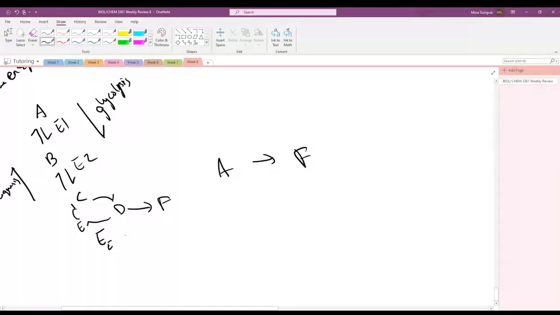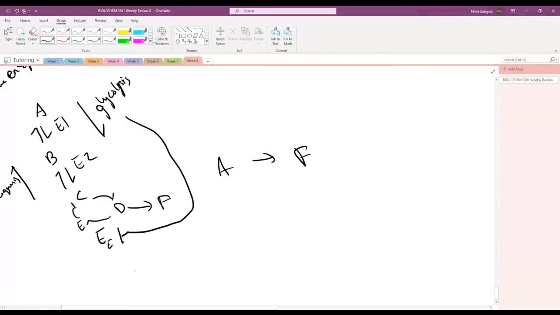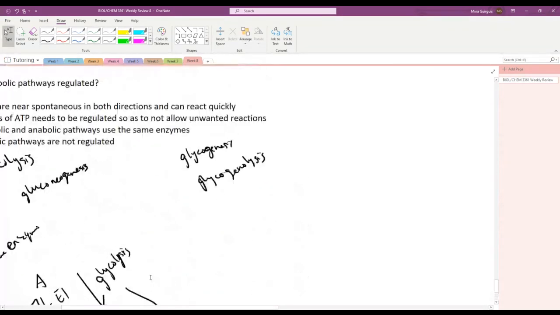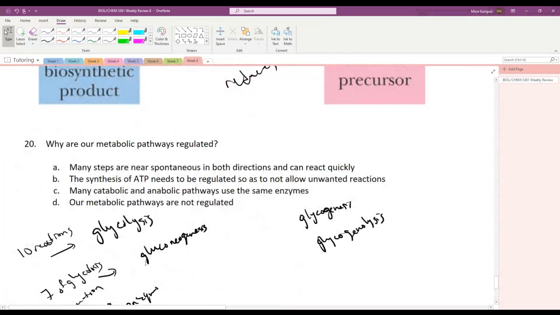So when I want glycolysis to happen, I have to inhibit enzyme E, because by inhibiting enzyme E, C can go to D, D can go straight to F. If I don't inhibit enzyme E, D can go back to E, E can go to C, and then we can go backwards instead. And so we have to be very, very mindful, because for the most part, a lot of catabolic pathways use very similar enzymes to anabolic pathways.